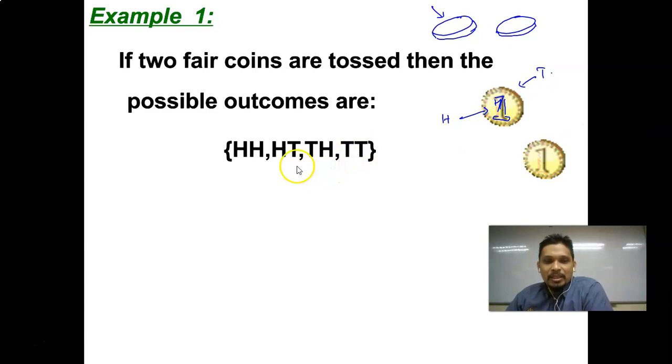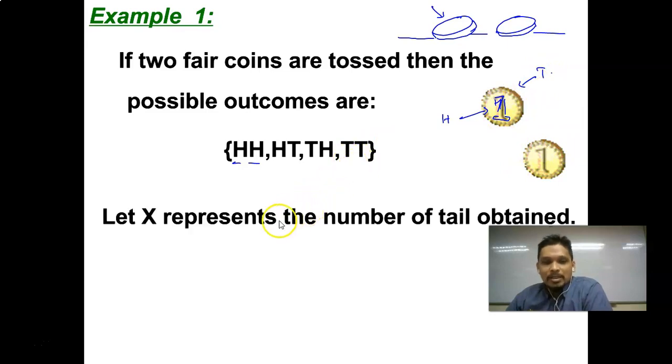So the result, when we toss both together or one by one, on the table we see the result of head and head, head with a tail, tail with a head, or both tail with a tail. So let X represent the number of tails obtained.